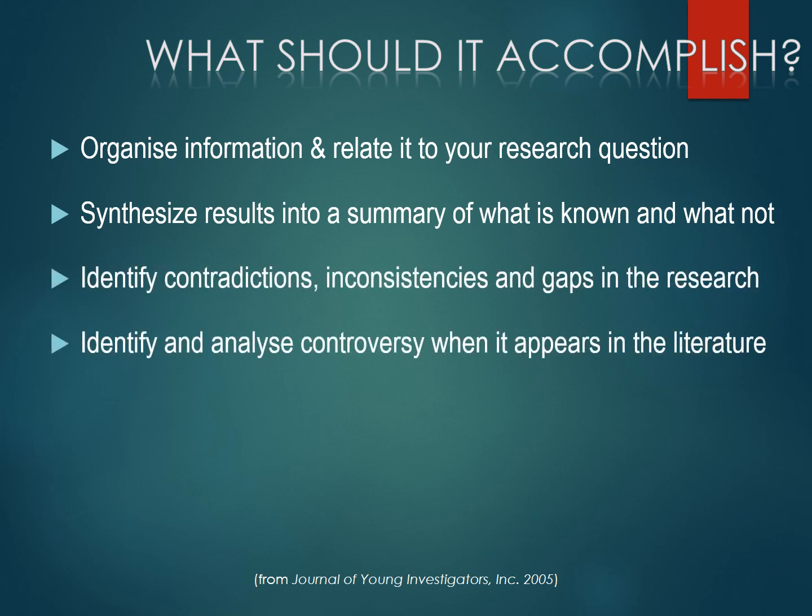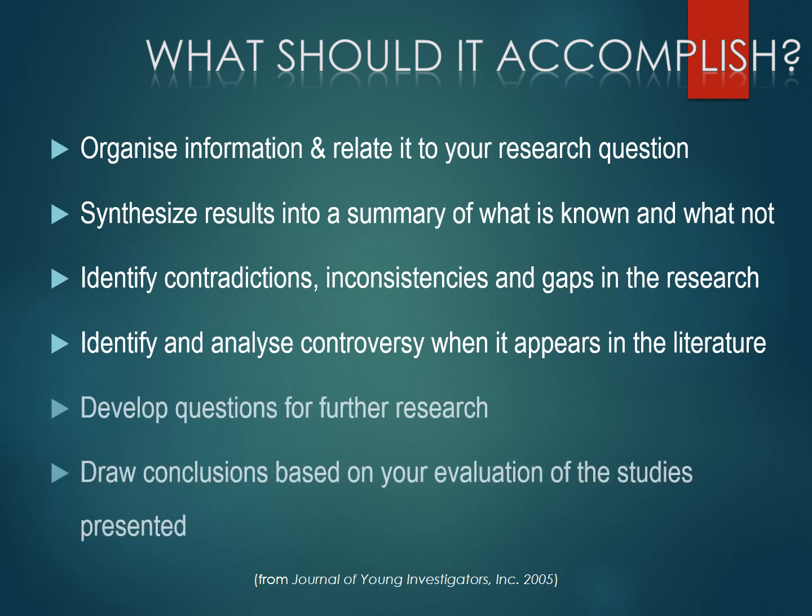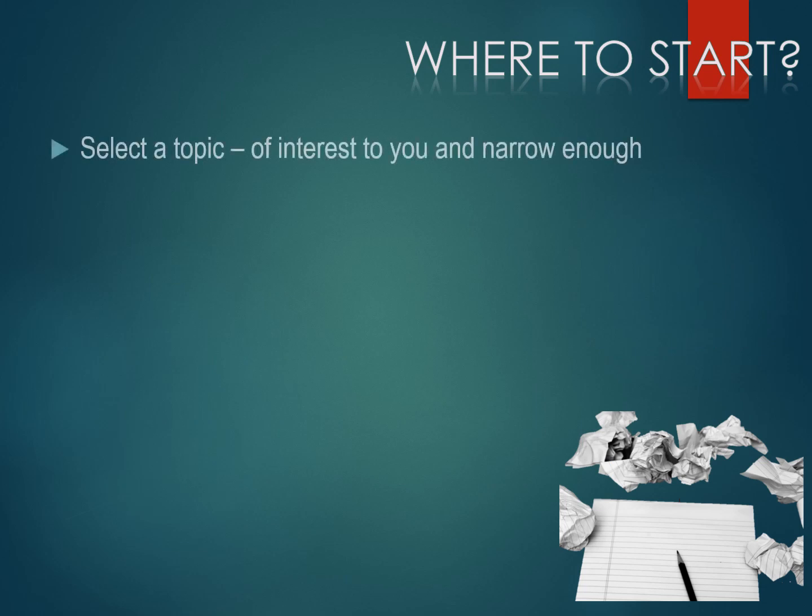Again, importantly, you need to identify contradictions, inconsistencies, and gaps in the research, and identify and analyze controversy when it appears in the literature. It should help you develop your questions for further research, and it should draw conclusions based on your evaluation of the studies presented.